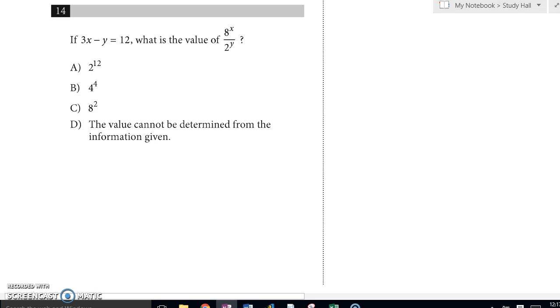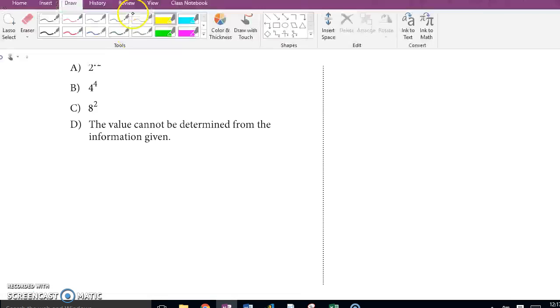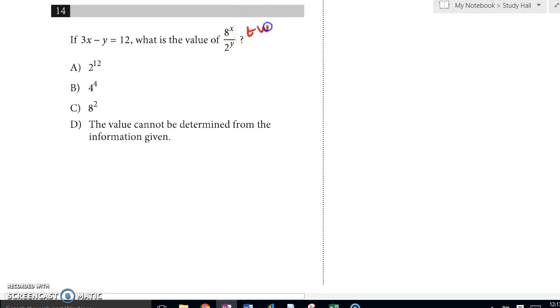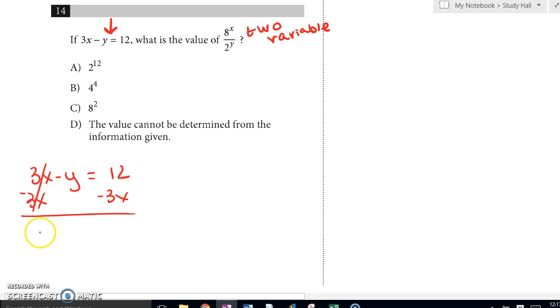So what I'm going to do, because this has two variables in it, is use substitution, solve for y here, and replace it with the y that's in the expression so that I only have one variable. So 3x minus y equals 12. If I subtract 3x from both sides, I get negative y equals negative 3x plus 12.